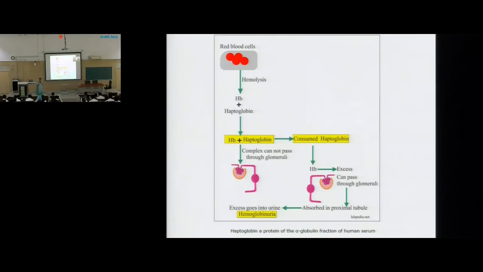Haptoglobin production is increased. Hemopexin is also a protein partner. Hemopexin and haptoglobin both increase. They try to absorb whatever hemoglobin is free in the blood circulation, and what they cannot absorb will be flushed out of the body. So hemoglobinuria will be there.